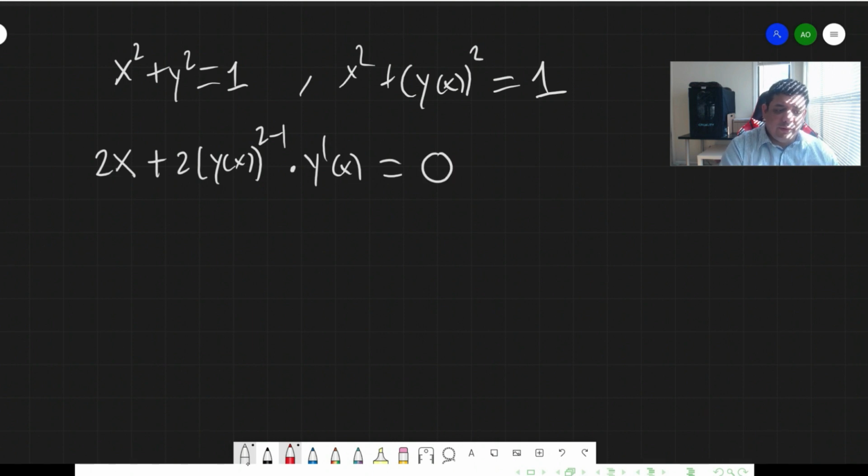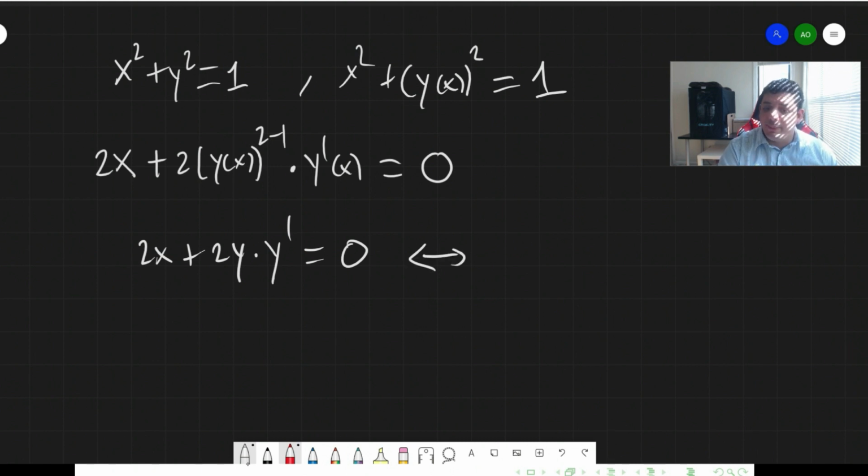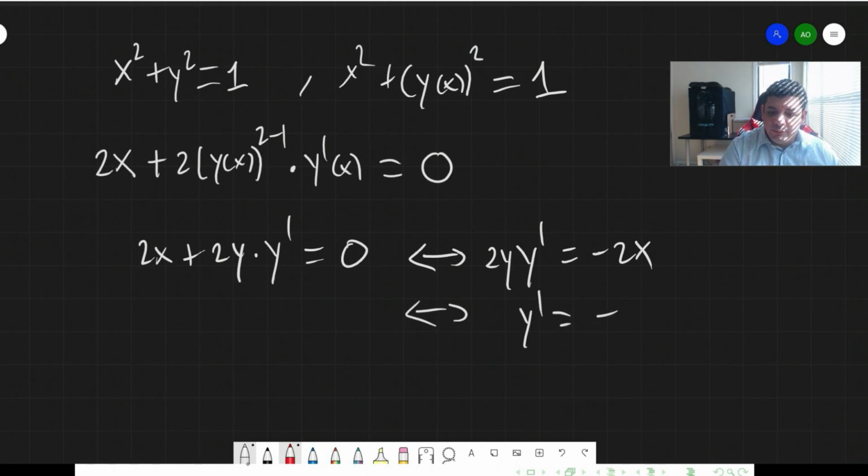Okay, so overall this is going to be 2x plus 2y times y prime equals 0. And from here we can find out what y prime is. So now 2y y prime is going to be minus 2x. So that means that y prime is going to be minus 2x over 2y, or minus x over y.